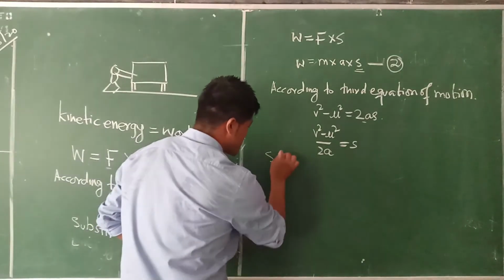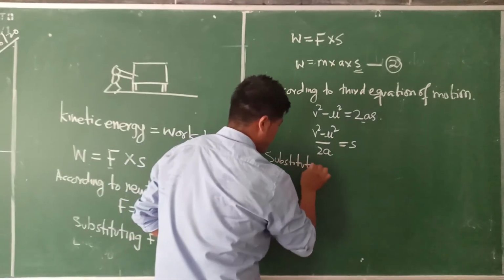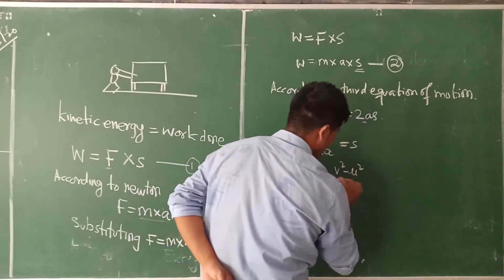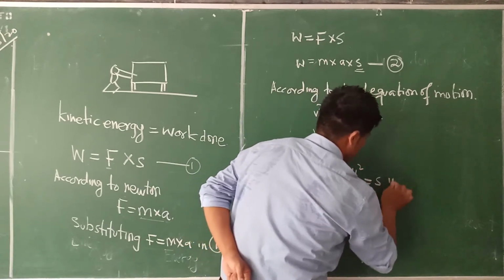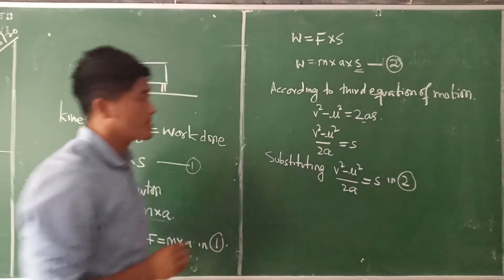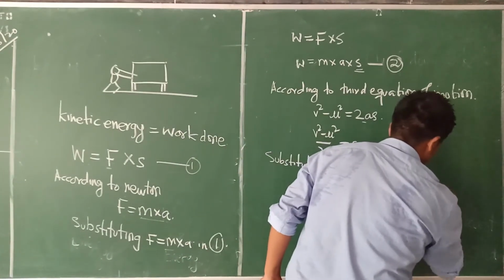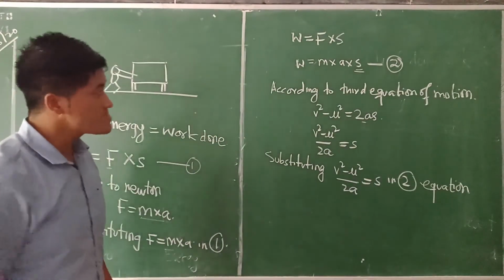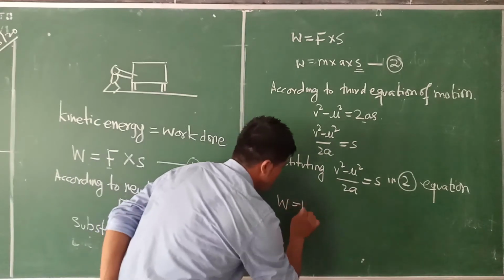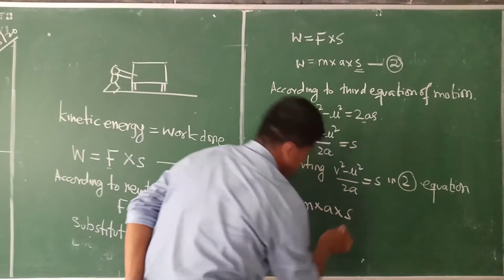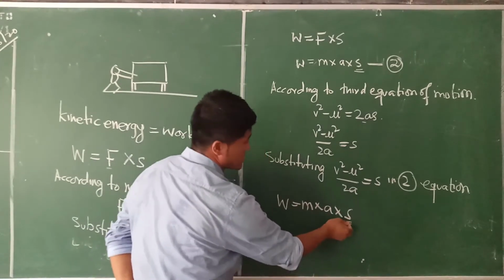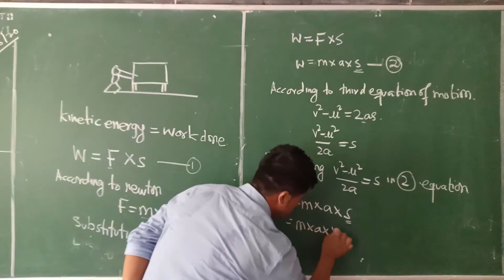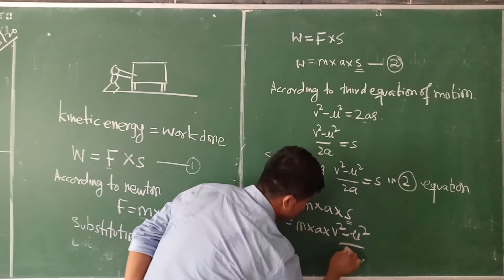So I'm going to write: substituting S is equal to V square minus U square divided by 2A in the second equation here. Understand? Now this is becoming very easy here. W is equal to M into A into S. So instead of writing this particular S, I'm going to write this value here: M into A into V square minus U square divided by 2A.